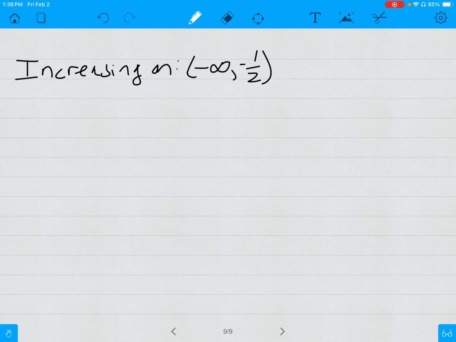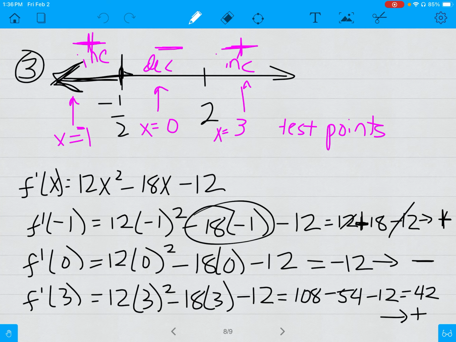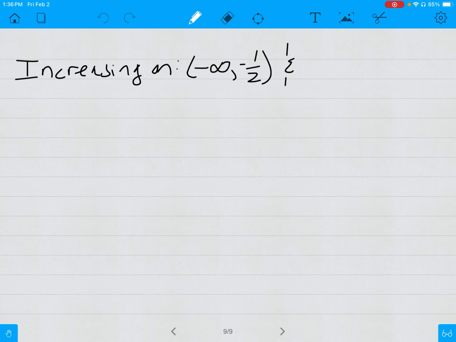Okay? And then we have another interval where it's increasing, right? 2 all the way to the right. So that's going to be 2, again, not including the 2, and infinity. Your critical values are never included here. So these are always going to be open parentheses. Also, you can't use your critical values as a test point because the whole deal is that the derivative is neither positive nor negative there, it's 0.